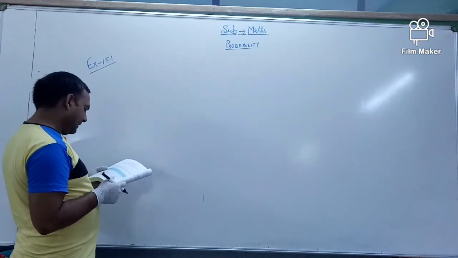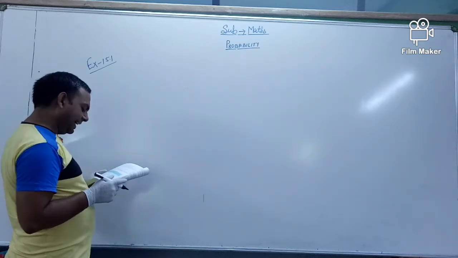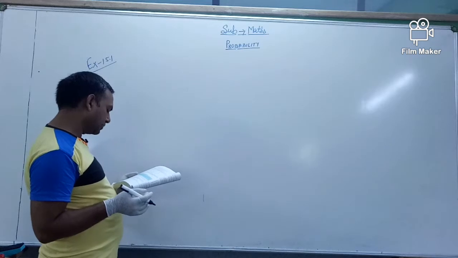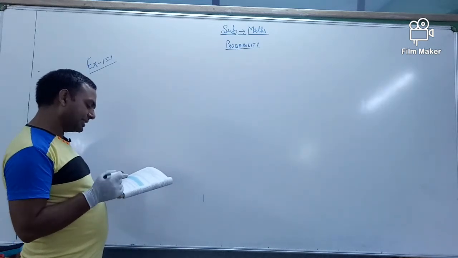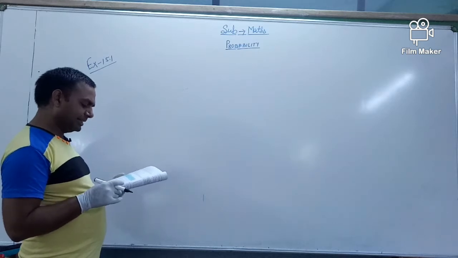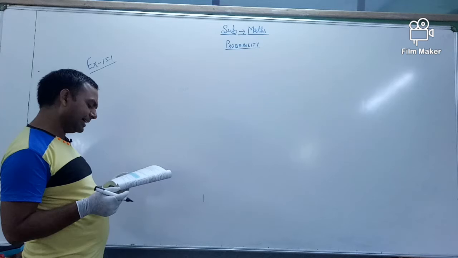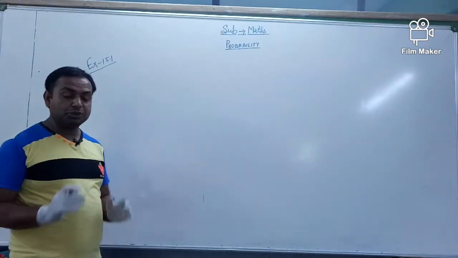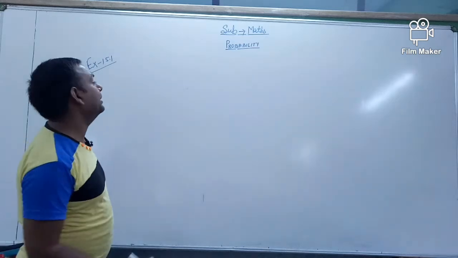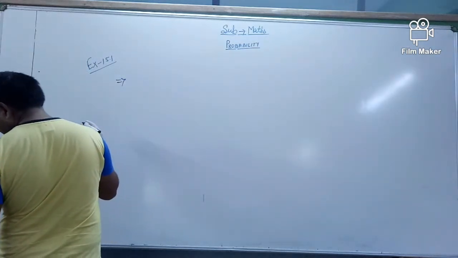Hanif wins if all the tosses give the same result, 3 heads or 3 tails, and loses otherwise. Calculate the probability that Hanif will lose the game. This is question number 23.